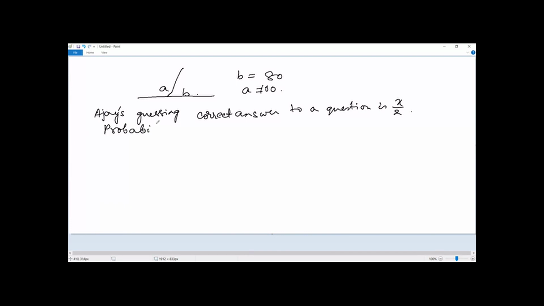Probability of not guessing is 3x by 2. Find the value of x.